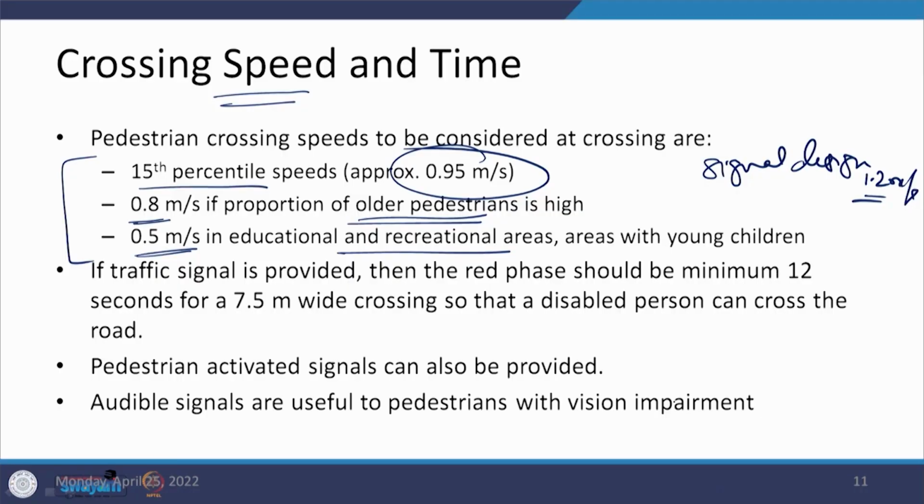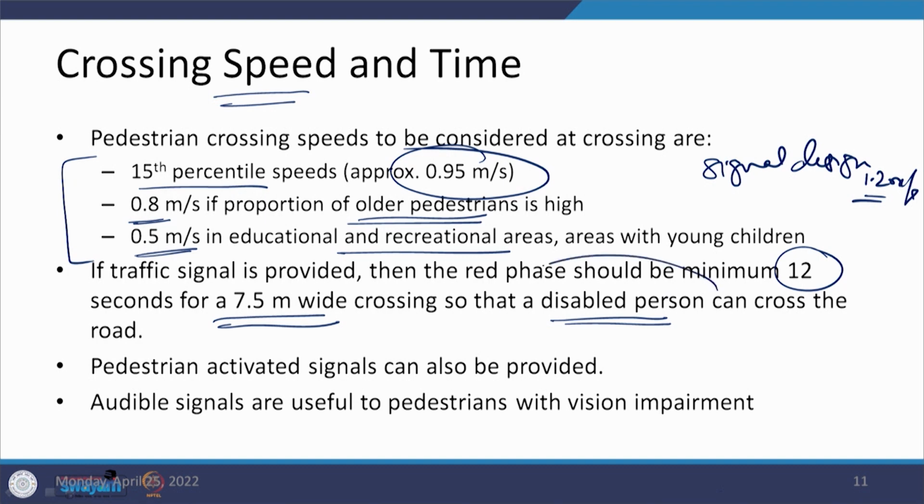Another thing which is being defined is that if you have a 7.5 meter wide crossing facility, then at least 12 seconds should be given to cross that location, and that should be sufficient for a disabled person to cross the road at that location.